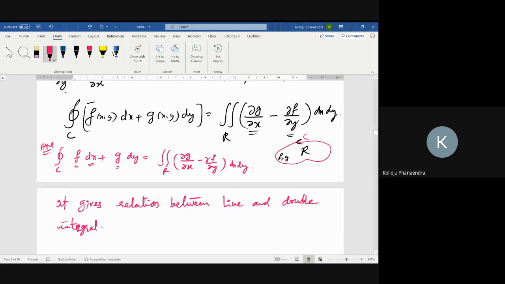Do you remember? There we considered the curve C as three parts: line C1, line C2, line C3. I have to evaluate over each line. But if I transform this line integral to a double integral, I can directly evaluate. Not three times, one single time. That is the benefit of Green's theorem.